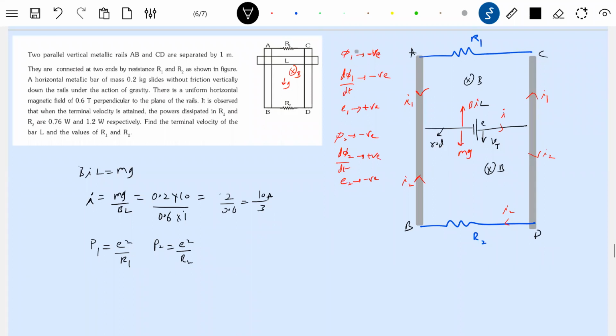I think this equation is not at all helping, no? Here, more troublesome. Nothing wrong, okay, write it. But it is asking to get R1. We know P1, P2. We don't know E. What is E? E is in fact BLV. We don't know V, but both E and V are unknown.